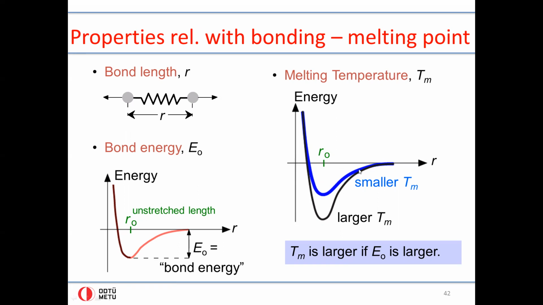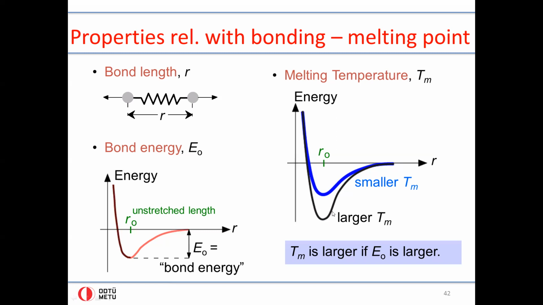The blue curve, as you see, requires this much energy from its energy minimum to an energy value of 0, which represents no feeling, no attraction or repulsion essentially between the two atoms. So you imagine that melting is related to movement in the positive R direction from the R naught stable position. And this is true for both the black and the blue curve.